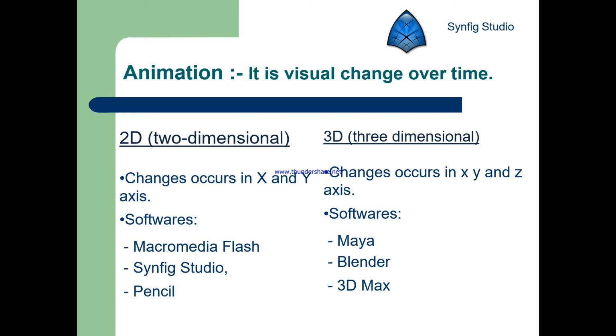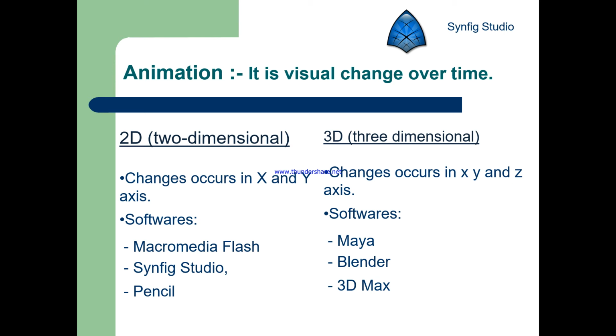Some examples of two-dimensional software are Macromedia Flash. Macromedia Flash is widely used in the professional world. We know it as Adobe Flash, which is widely used to perform 2D animation in the market.